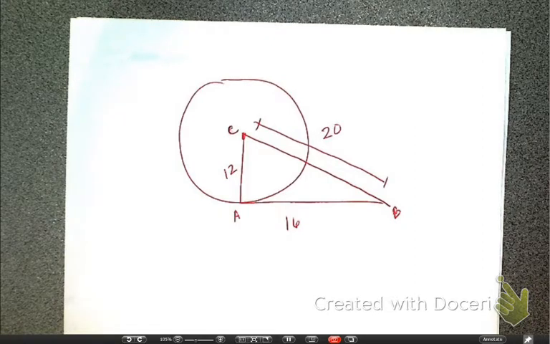Let me ask the question again. If one of these lines was tangent to the circle, which line would it be? AB. Okay. How do I know that AB is tangent to that circle?